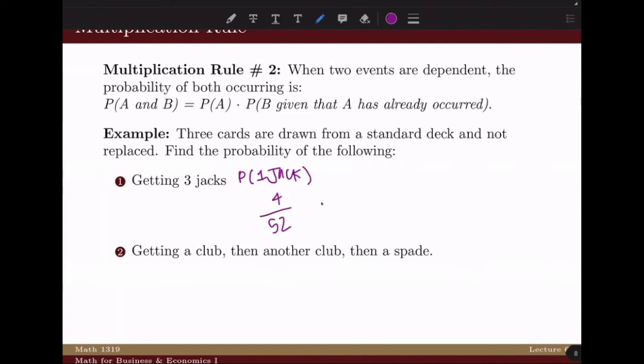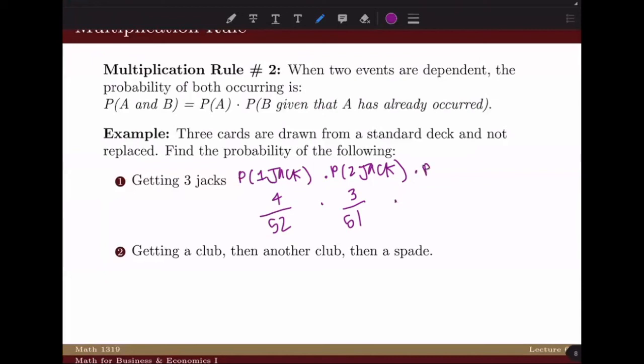And then the probability of getting the second jack, well, we've already taken 1 away. So we drew a jack and we took it away, so there are now only 3 left. So getting a second jack is going to be 3 out of a new total of 51, because not only did we take a jack away, but we took a card out of the deck. So it reduces our number of outcomes as well.